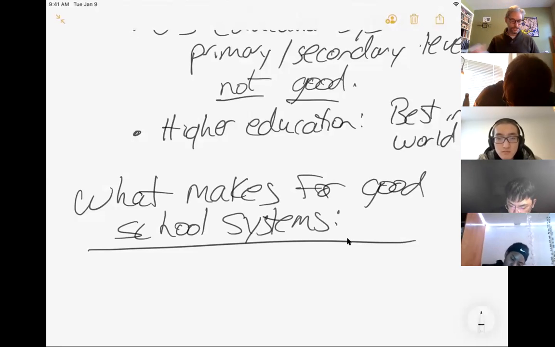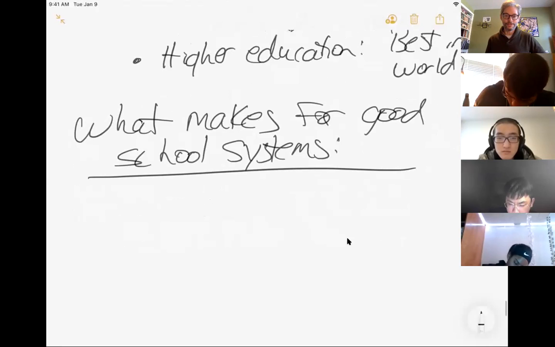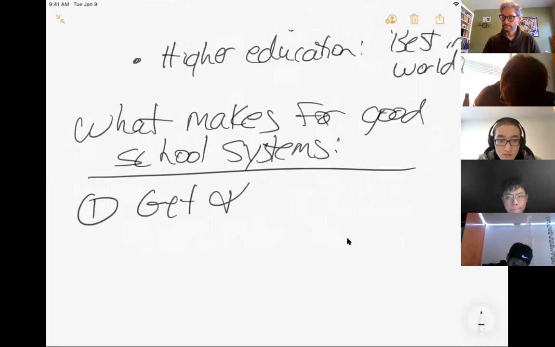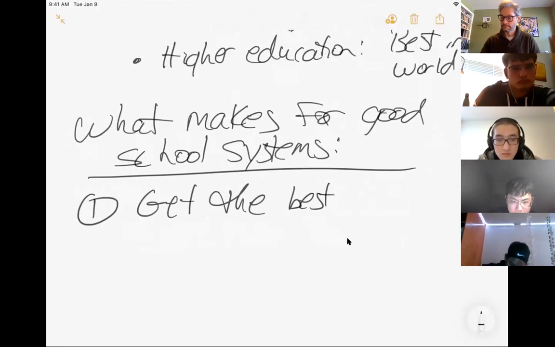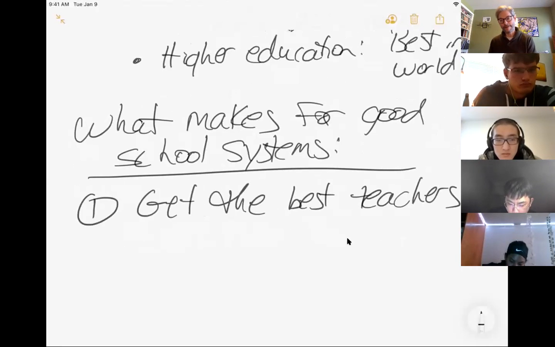And what the research has shown is that there's really 3 things that we tend to see in the best school systems in the world. One is they tend to get the best teachers.